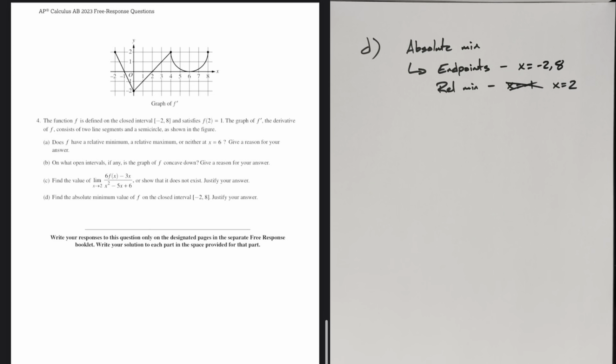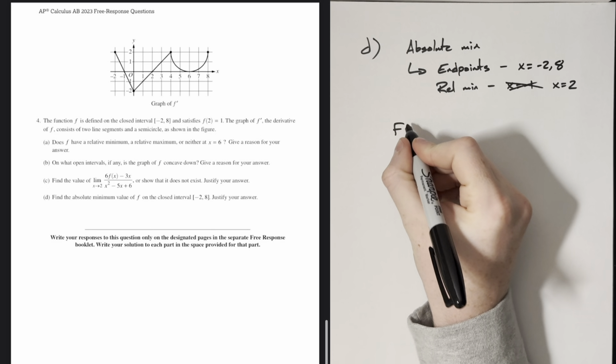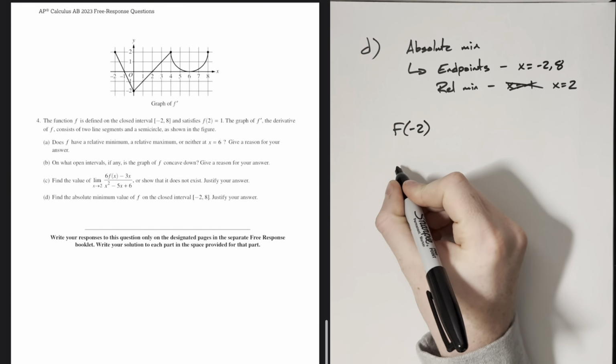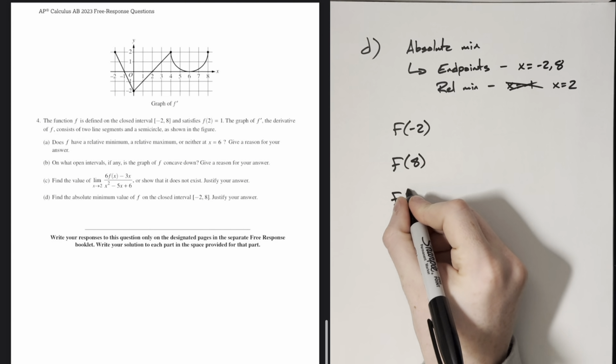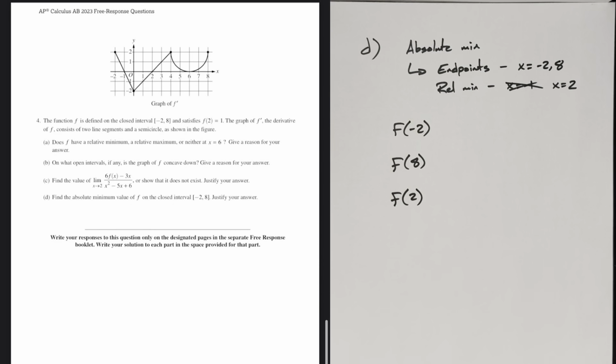So in order to figure out the absolute minimum, what I'm going to do is use something called the candidates test. And that's where I check the value of the function at all of these points. When I solve for all three of these, I just compare, figure out which one's the greatest, and whichever one is the greatest is my final answer, right?